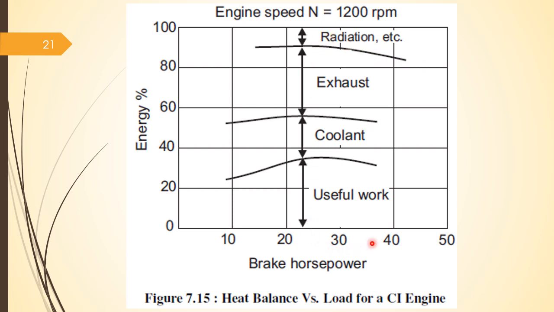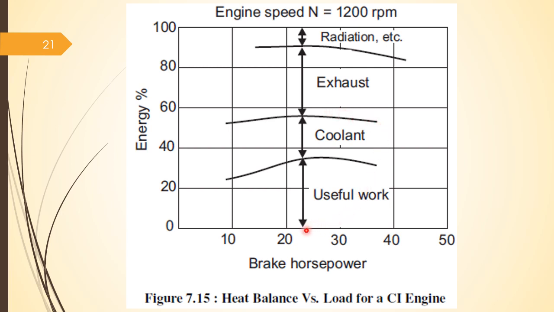So when the brake horsepower is less, meaning we are here around 10, you can see the major component is this part, heat carried by the exhaust gases, where the maximum amount of energy will be carried by the exhaust gases.